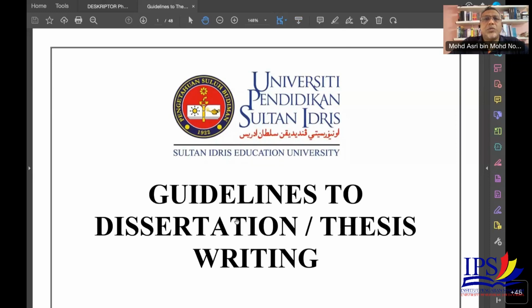Now, why is this also good for those who are writing a project paper? Because the guideline is so detailed, it helps you in preparing the format of your writing, the pagination, spacing, and what should be included in the chapters and whatnot.